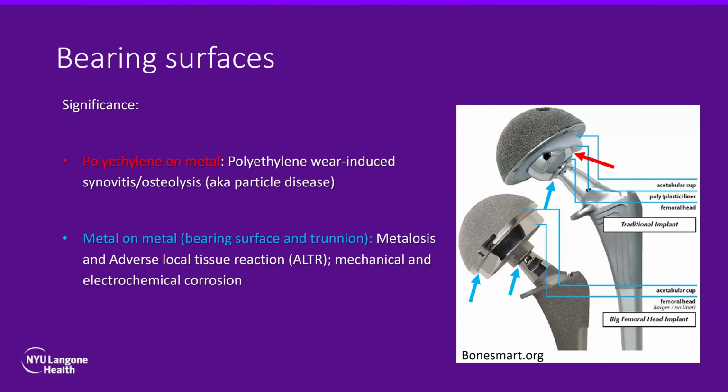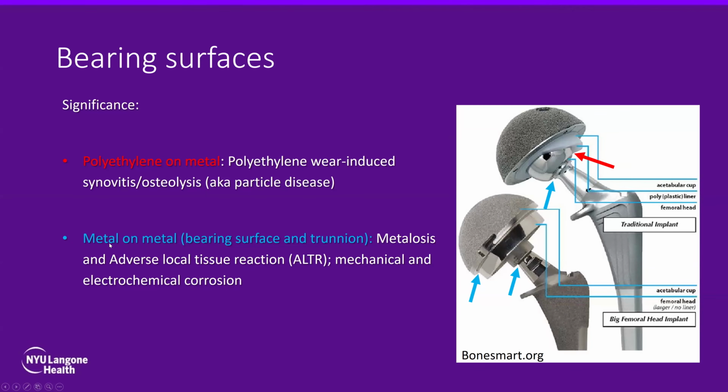This synovitis is so severe that over time it causes erosion of the bone, and that's called particle disease, secondary to polyethylene on metal. And why do we care about the bearing surfaces? Because if you know the type of implant that you're dealing with, it can tell you what pathology you would expect in that particular setting.